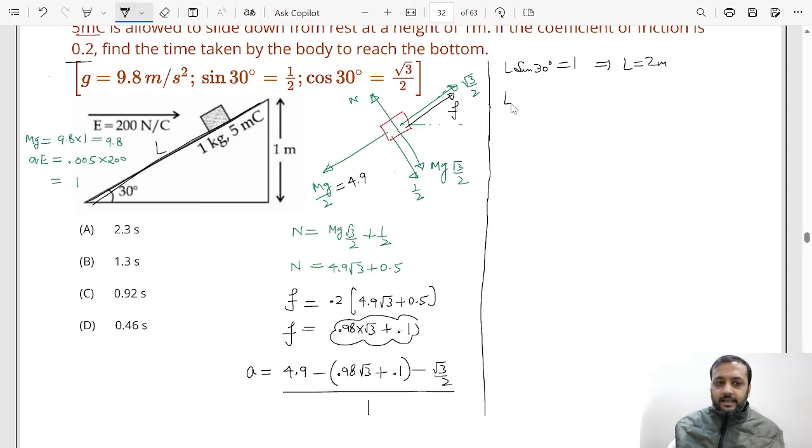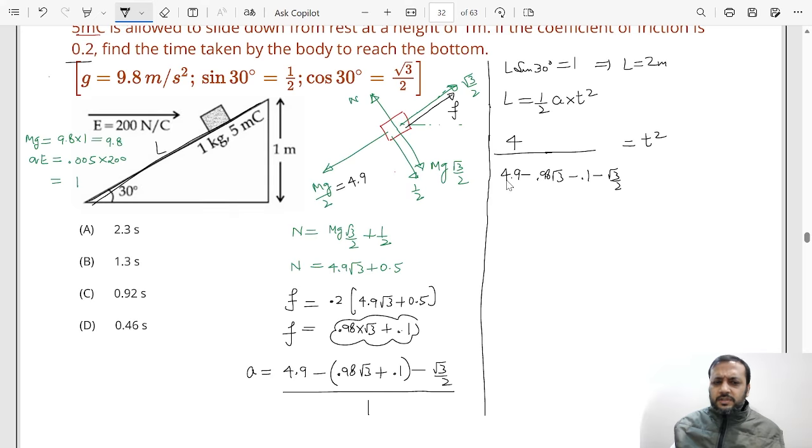And now we can say that L will be equal to half into acceleration A into t square. So this L is 2, this half will come on this side, so this will be 4 upon acceleration. Acceleration is this value, 4.9 minus 0.98 into root 3 plus 0.1 minus root 3 by 2. This is equal to t square.